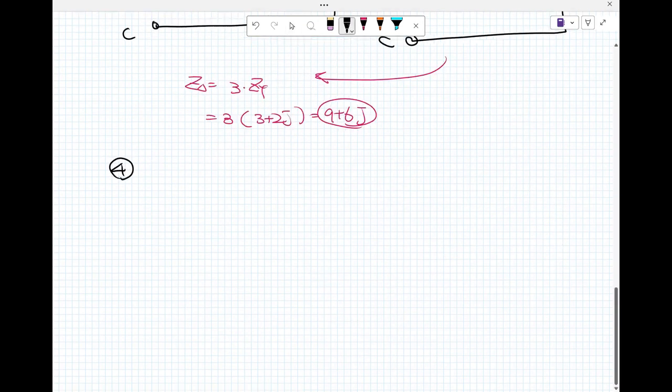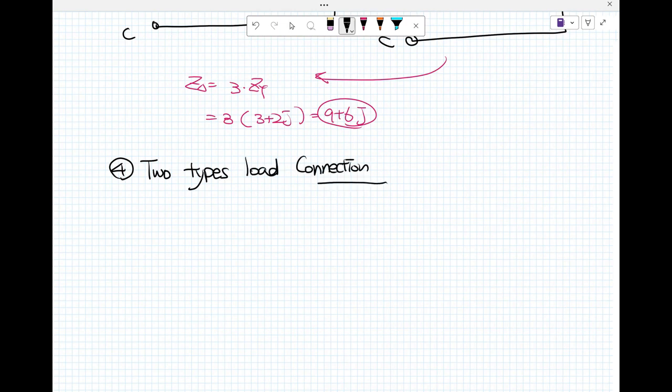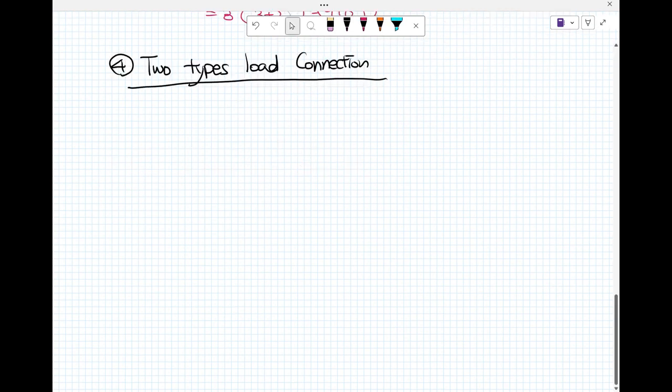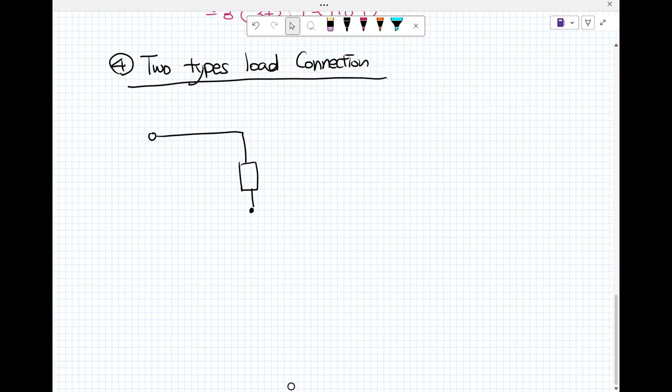Now, there are two types of load connection. This is the Y connection load.